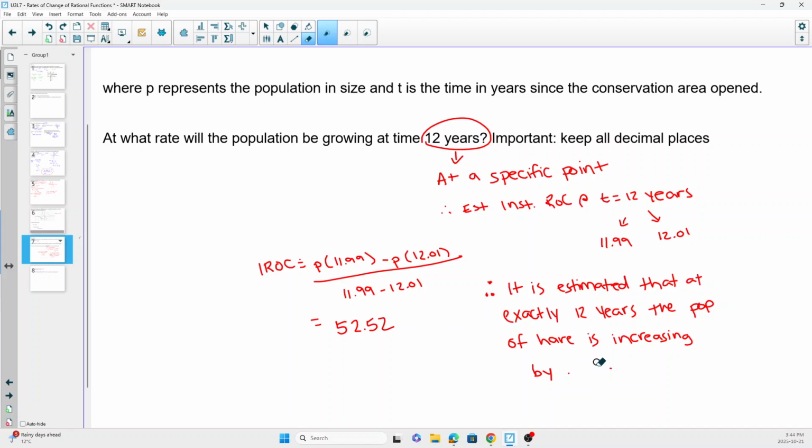That might be because we're not going to go up by a half of a hare. So is increasing by approximately 53 hares per year at year 12.